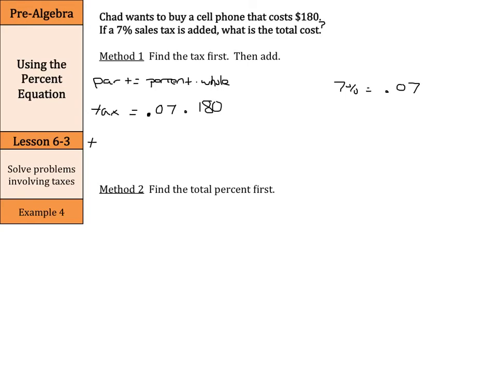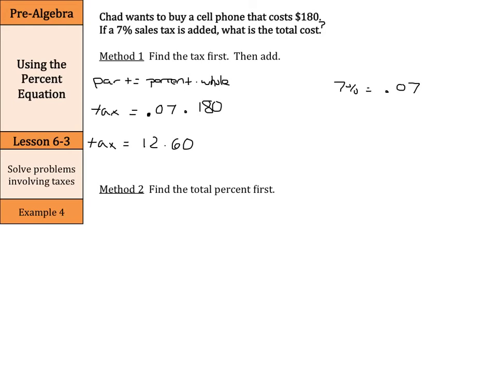So our tax amount here is 7% of 180, and 7/100 times 180 is $12.60. Well, that's the tax.